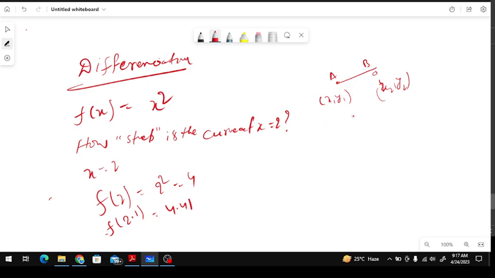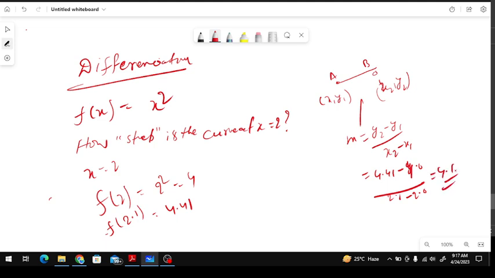If I want the slope of this line, we can write m equal to y2 minus y1 divided by x2 minus x1. So the slope is 4.41 minus 4.0 divided by 2.1 minus 2.0, which is equal to 4.1.